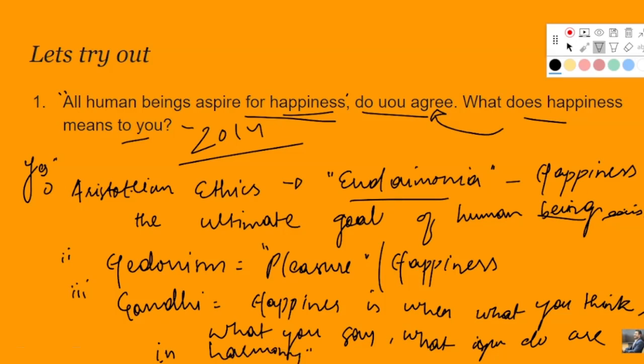This is when you can get the idea of happiness, right? So all these important personalities are supporting the idea of what? Happiness, right? And hence nobody can deny that all human beings aspire for happiness.